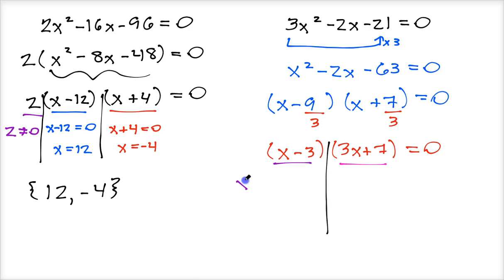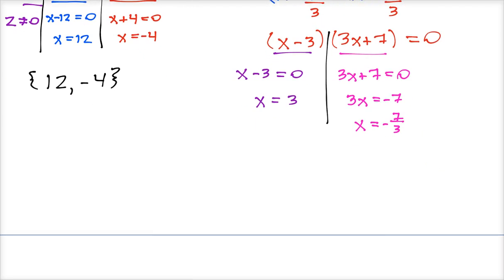If x minus 3 is equal to 0, then x is positive 3. If 3x plus 7 is equal to 0, subtract 7 from both sides, I get 3x equals negative 7, and then divide by 3, x is equal to negative 7/3. So again, two solutions for this problem, positive 3 and negative 7/3.